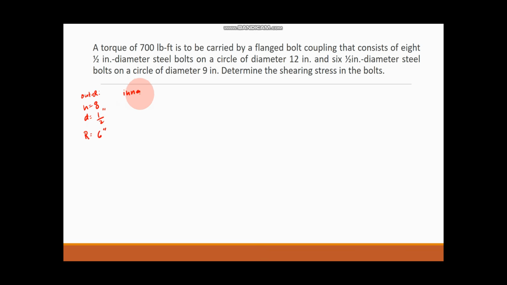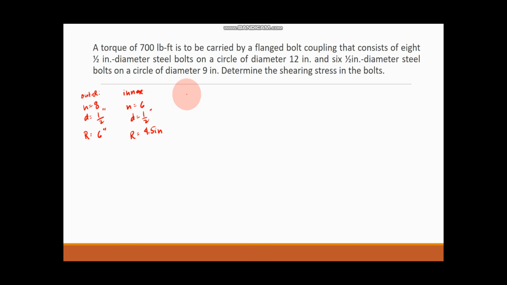And for inner, it has 6 pieces of 1/2 inch diameter steel bolts on a circle of diameter of 9 inches or radius of 4.5 inches. So we will determine the shearing stress in the bolt.